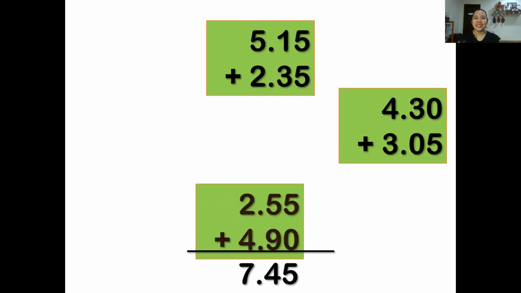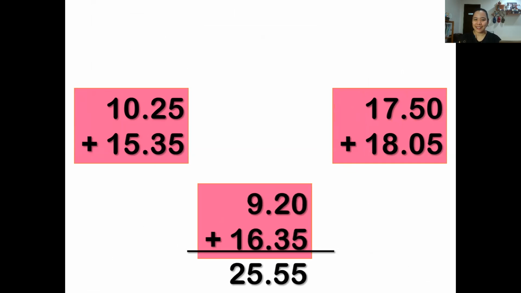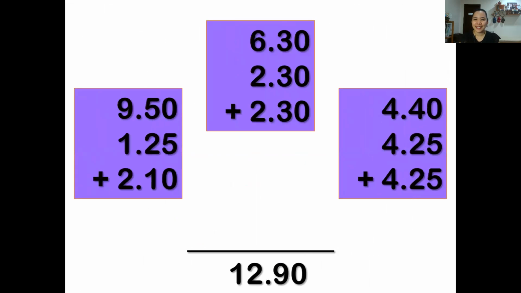Good job. Very good. Next. Perfect. You got it right. $9.20 plus $16.35 is equal to $25.55. Next, make sure you get the point.